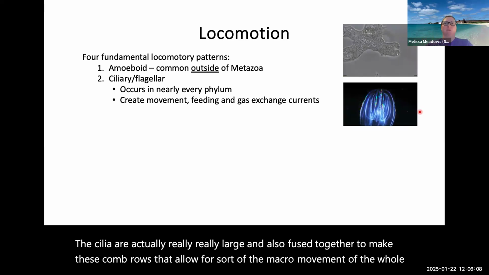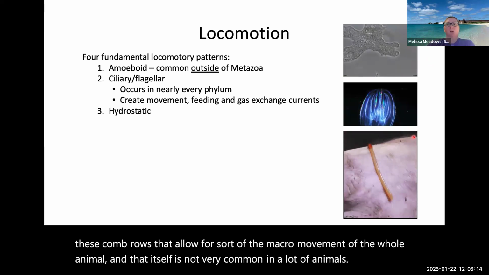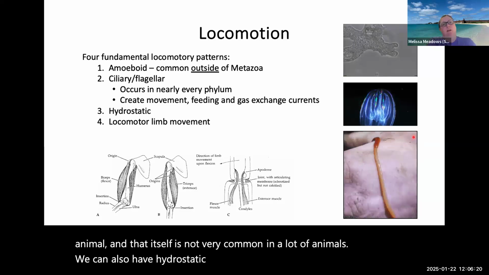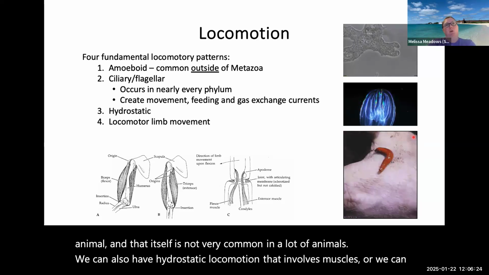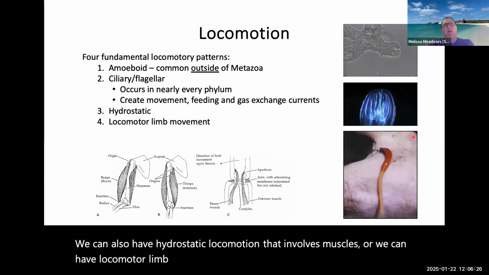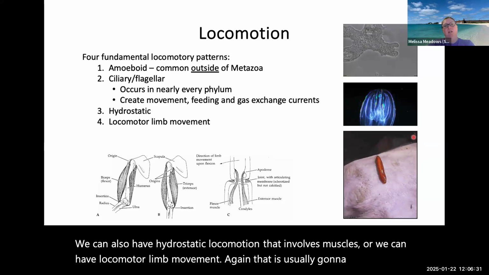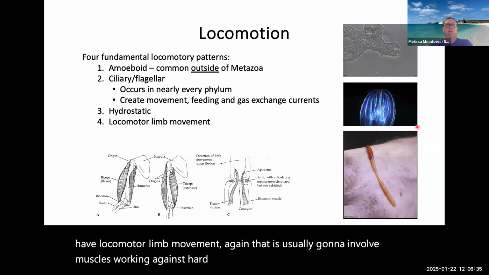And that itself is not very common in a lot of animals. We can also have hydrostatic locomotion that involves muscles, or we can have locomotor limb movement. Again, that is usually going to involve muscles working against hard, rigid skeletal elements.